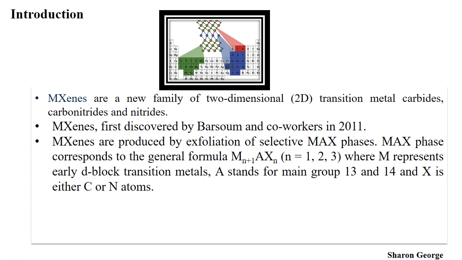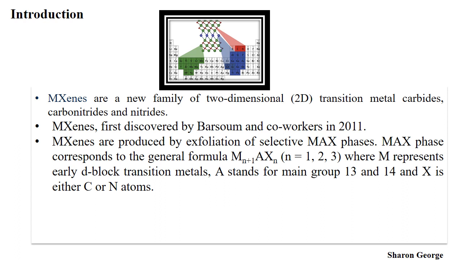So the MAX phase is the MXene precursor, which has a defined stoichiometry as M(n+1)AX(n), where n is a numerical number, M is the d-block transition metal, A represents group 13 and 14 elements, and X is carbon, nitrogen or both.